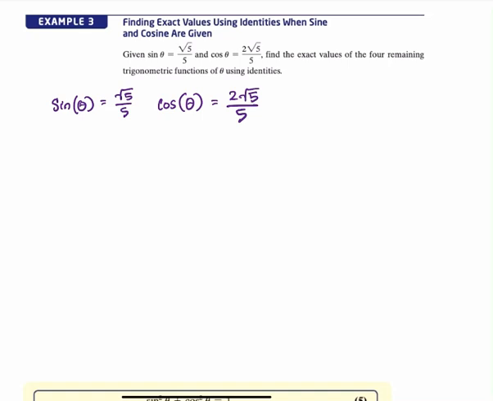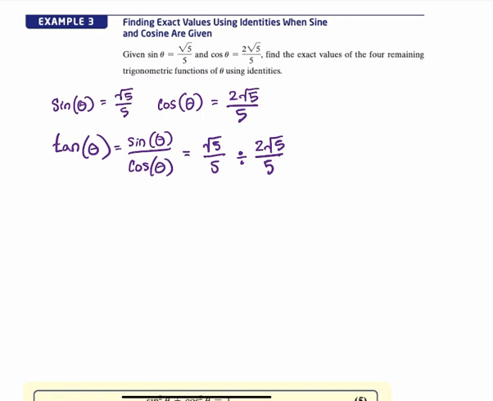So let's first find the tangent. We said earlier the tangent is sine divided by cosine. So let's just plug in. We have the sine here and we have the cosine. I'm going to write it out more linearly. So this would be sine, root 5 over 5, divided by the cosine, which is 2 root 5 over 5.